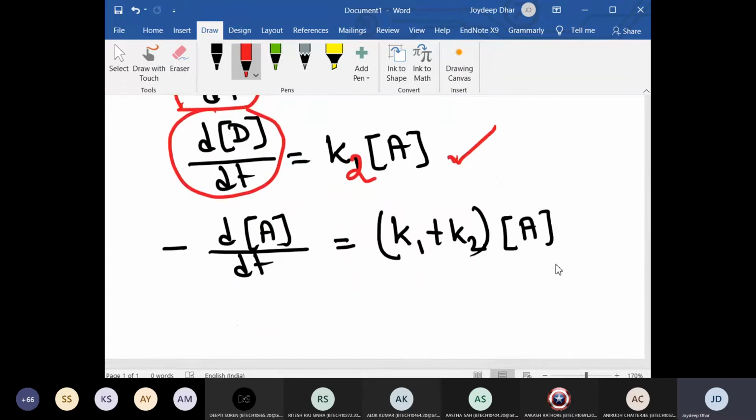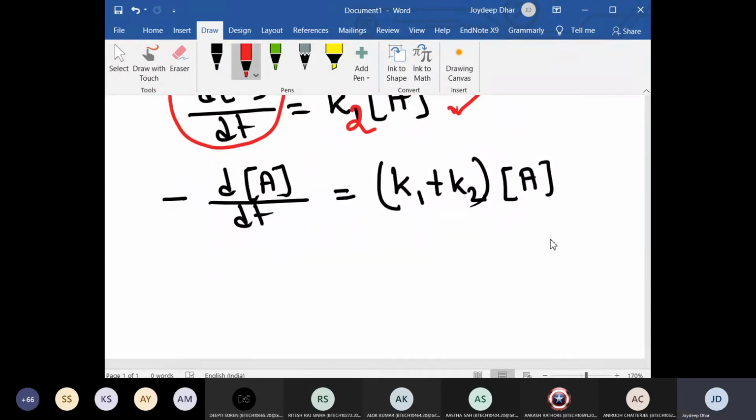So now if I want to write the rate equation in terms of the reactant, then it will be minus dA/dt, and you will have simple summation of two rate constants into A. You know, for a unimolecular reaction or first order rate equation, at a particular time the concentration of A will be A naught e to the power minus kt.